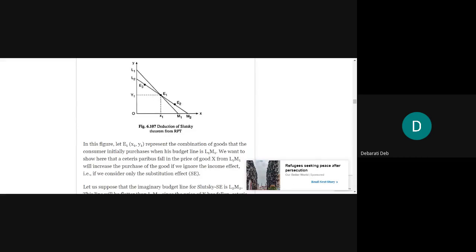As per the general phenomenon, if the price of good X is falling, then the budget line of the consumer will shift, and the consumer will have greater purchasing power for buying the number of units of good X. If we ignore the income effect for now, we are just considering the substitution effect.